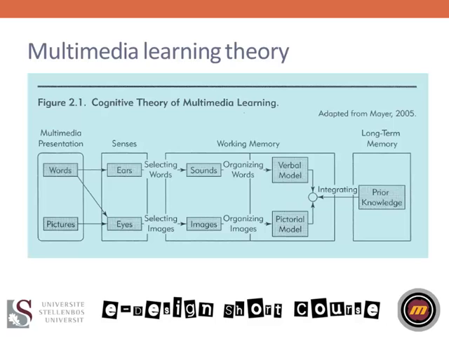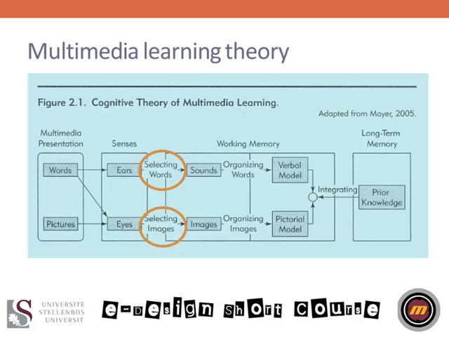This shows the flow of information in the process of learning. Under multimedia presentation, we see it can be words or pictures. Words can be spoken, and therefore they go through the ears, that is the auditory channel, or they can be written, and then they go through the eyes, the visual channel. Pictures go through the visual channel, through the eyes. Then the first important process happens. The brain selects, so the sensory input gets selected, the words and the images, and then the working memory kicks in.